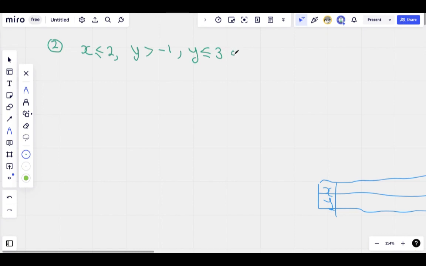And the fourth one: y is lesser than or equal to x plus 2. So these are 4 inequalities. They want us to graph this.